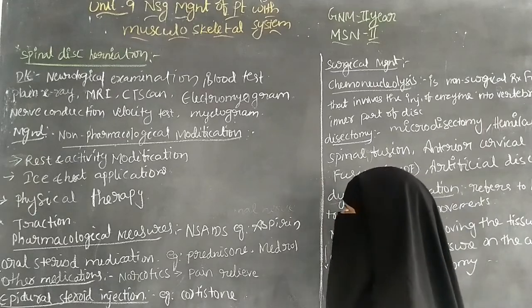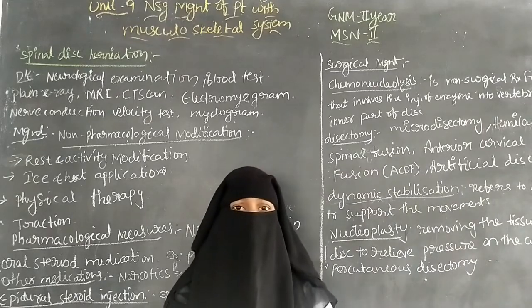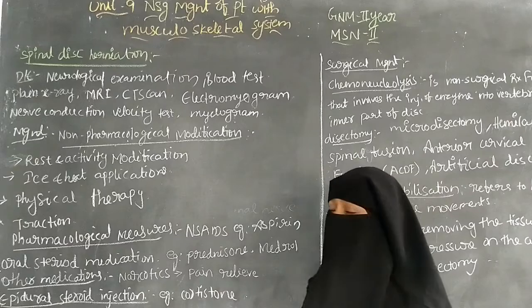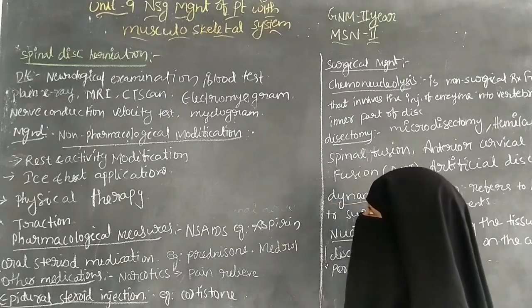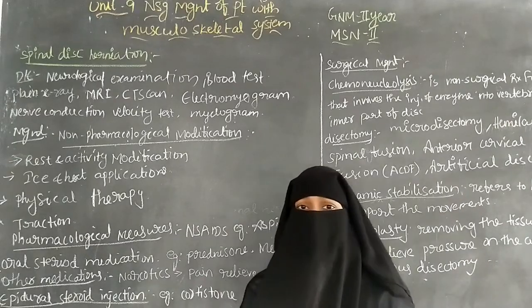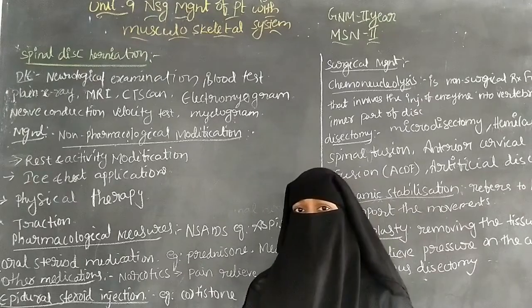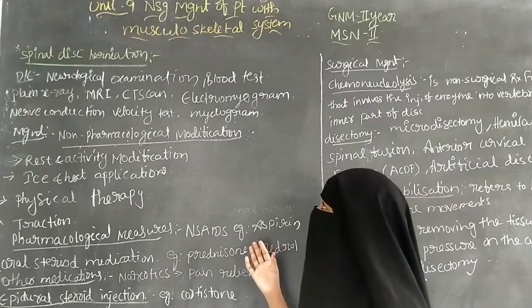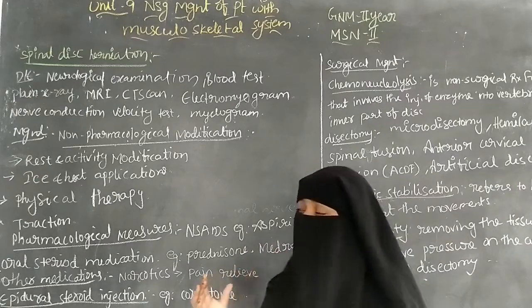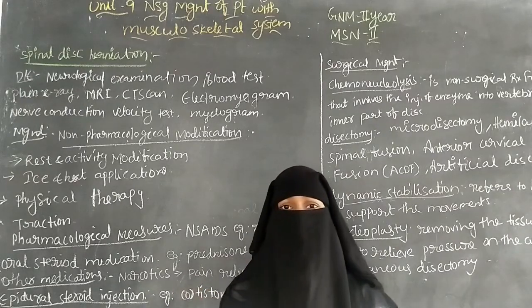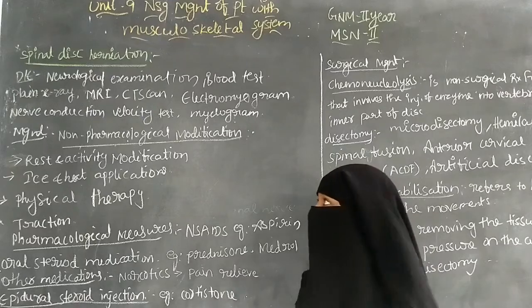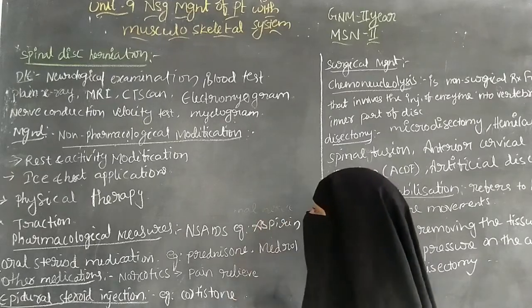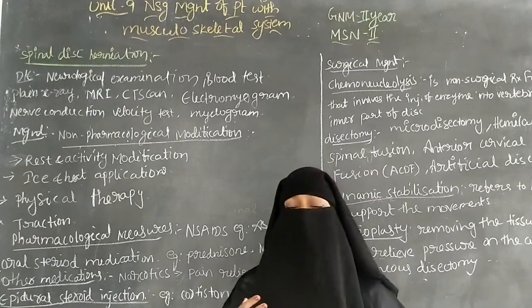Next one is myelogram. A myelogram is like an X-ray, but a contrast injection is pushed directly into the spinal cord to visualize the disc herniation clearly. Where the herniation is present, we can identify it very clearly by pushing the contrast.